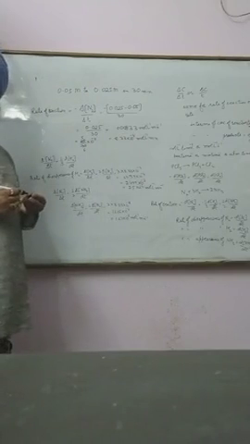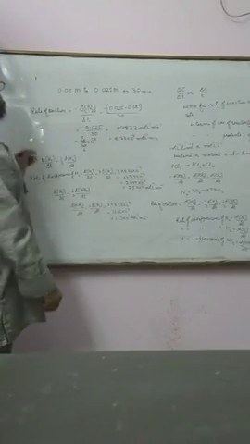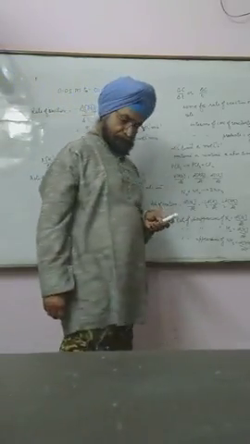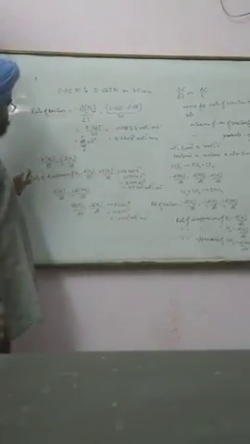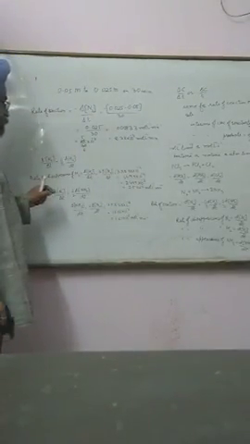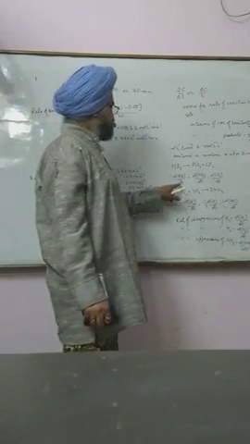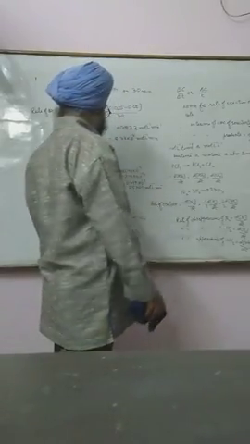In this way, we have to solve the numericals. The only basic difference is we will use the delta value if the interval is large, and in case the interval is small, then you will use the small d sign. This is the basic difference.